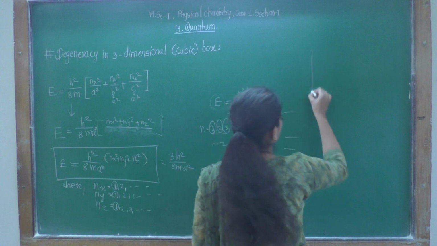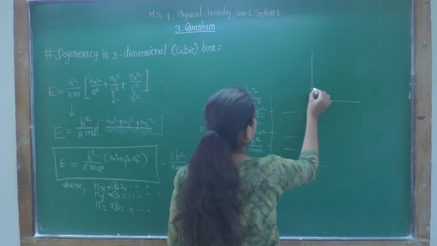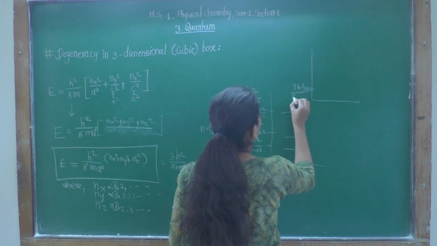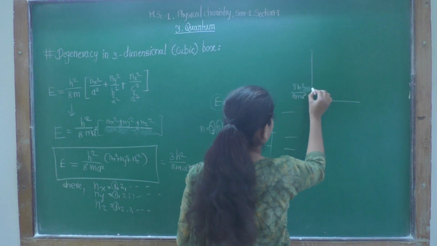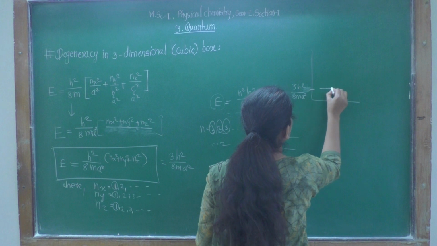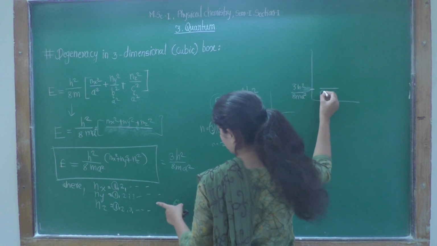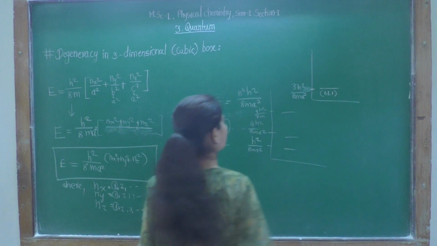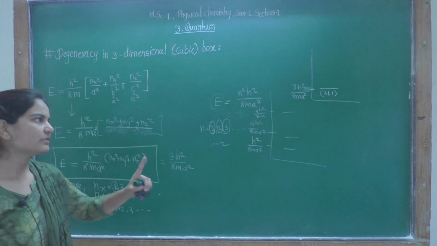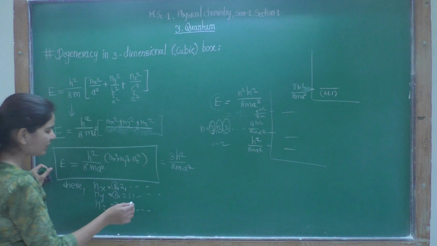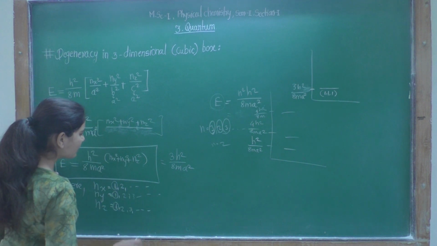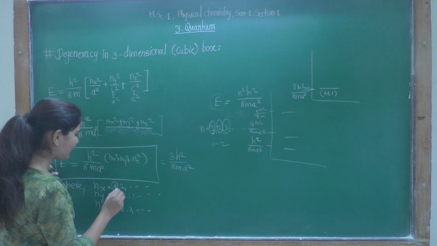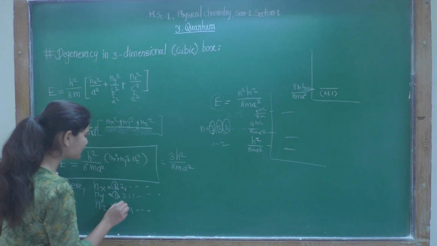If we plot for 3D box, this will be the 3h square upon 8ma square level, where this is the energy level. nx will be 1, ny will be 1 and nz will be 1. This is the ground first state. Now, for the second energy level, what will be the lowest value? nx is 1, ny is 1, while nz is 2.